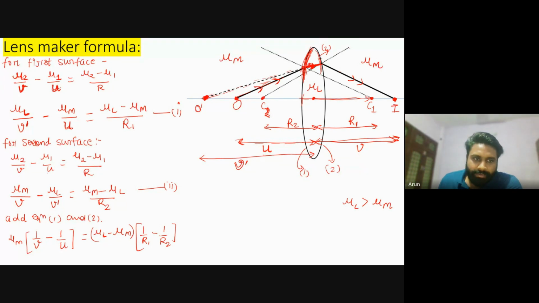Okay. Take this mu m and divide this thing on the right hand side, or you can say divide by mu m on both sides. So what do we have?